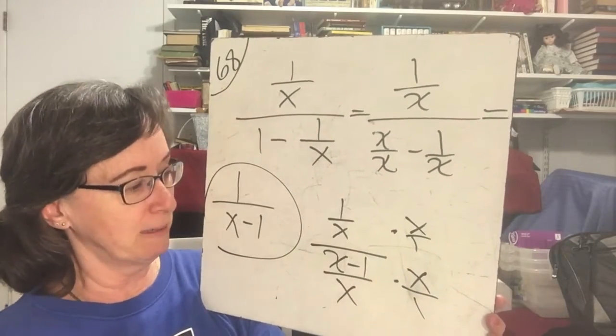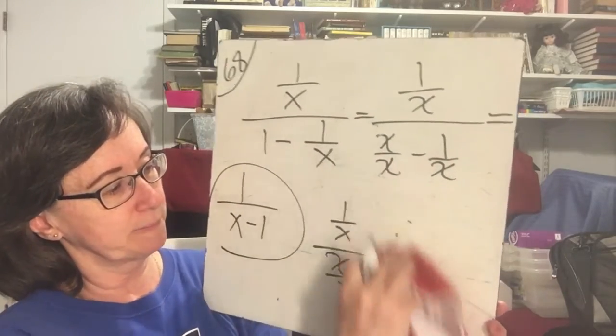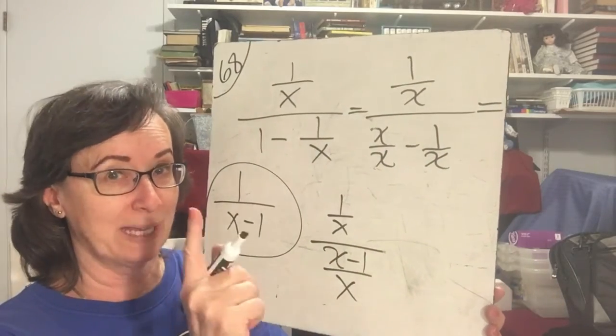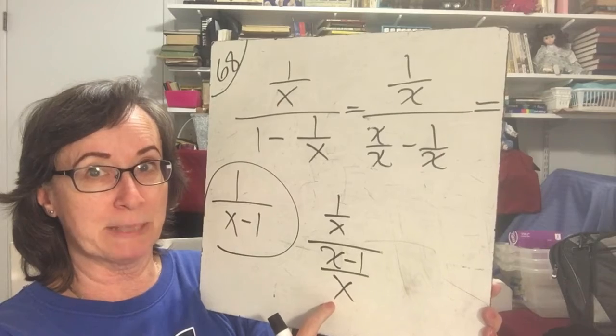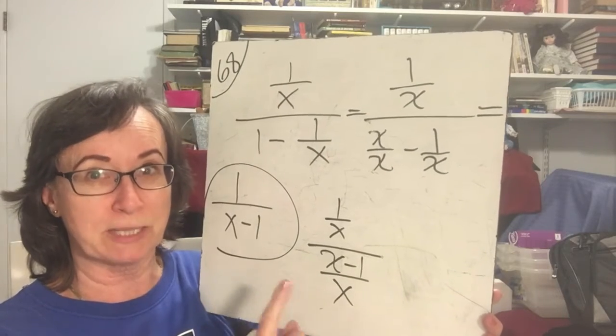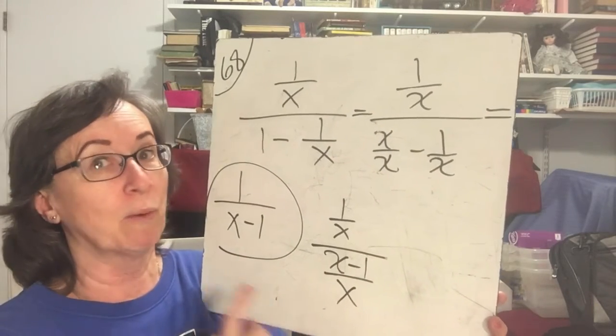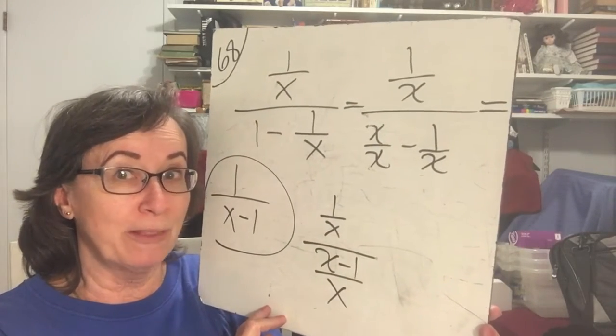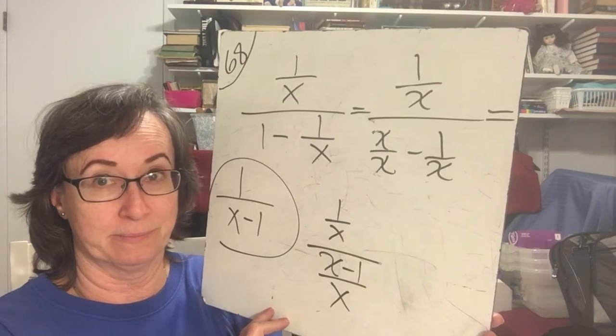But instead of that, we're going to multiply by 1 in the form of the reciprocal of the denominator, because that's what your section is teaching you how to do. What I'm trying to teach you is that there's more than one way to do the problem.